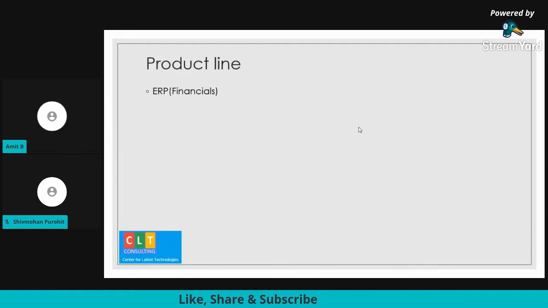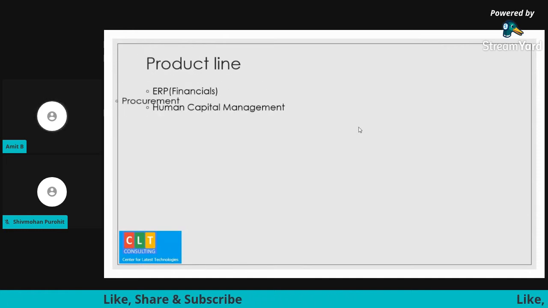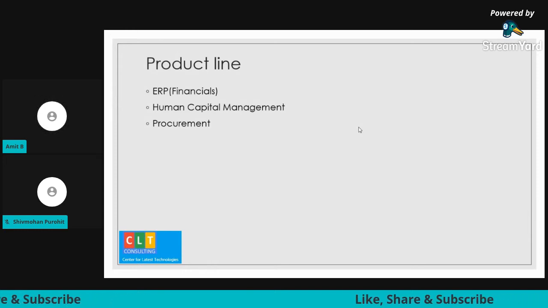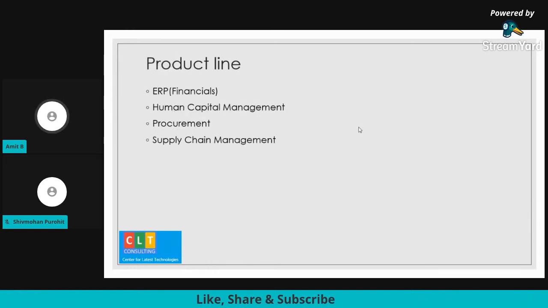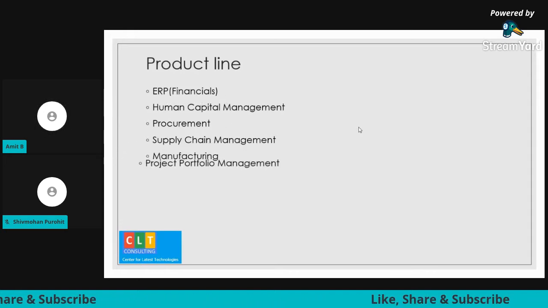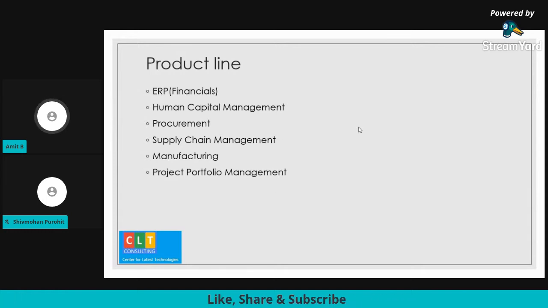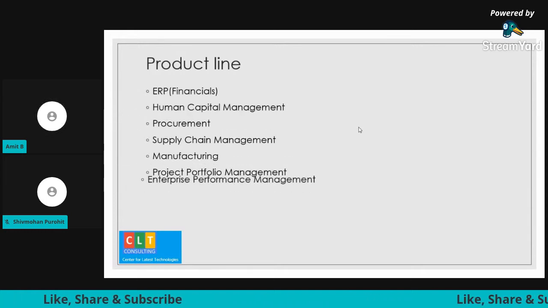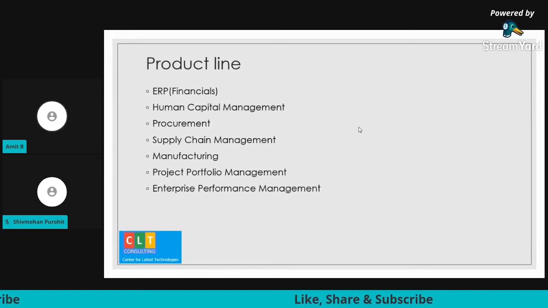Then what are the different business lines or product lines, to be precise, for Oracle Cloud ERP? We have got financials, we have got HCM, human capital management, we have got procurement, we have got supply chain management, we have got manufacturing, we have got project portfolio management, we have got enterprise performance management, logistics.